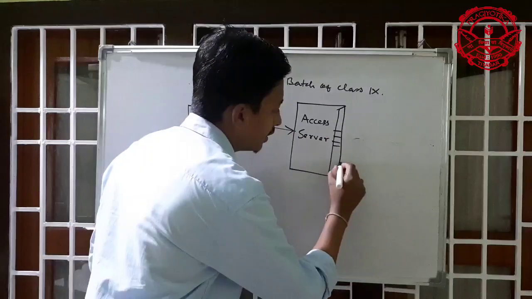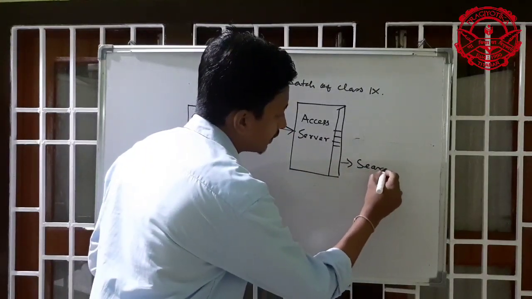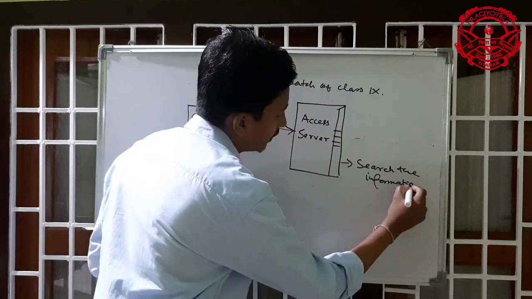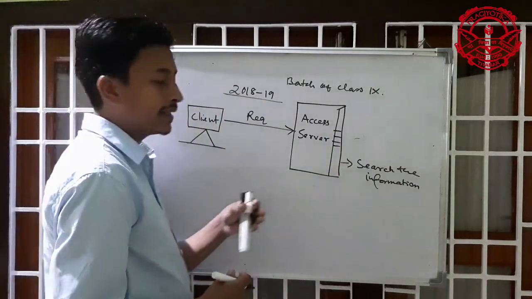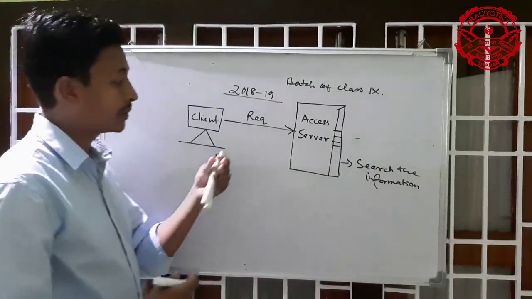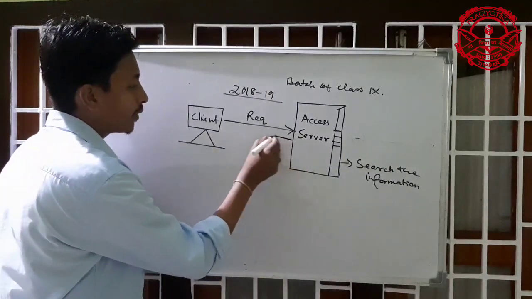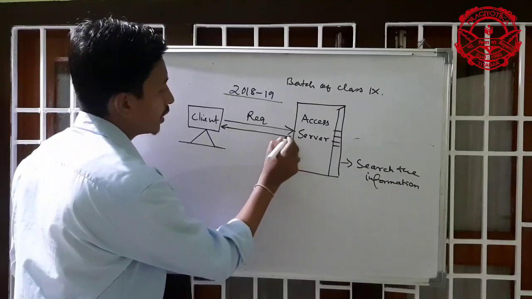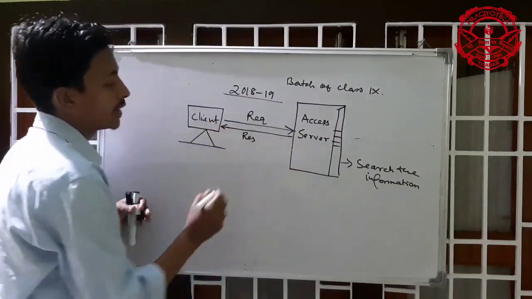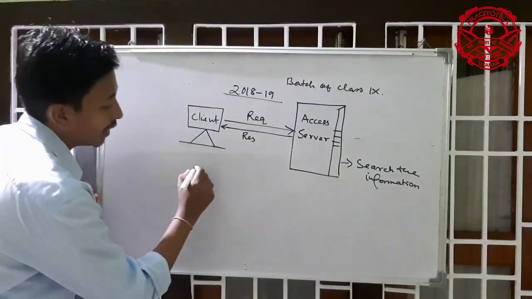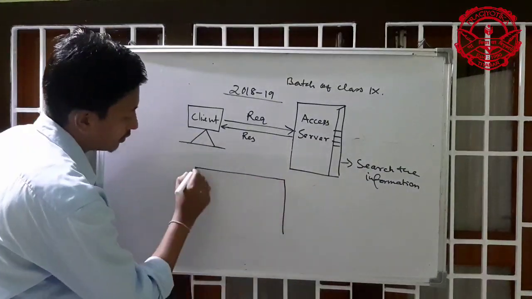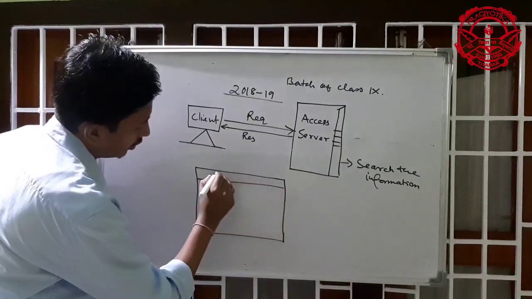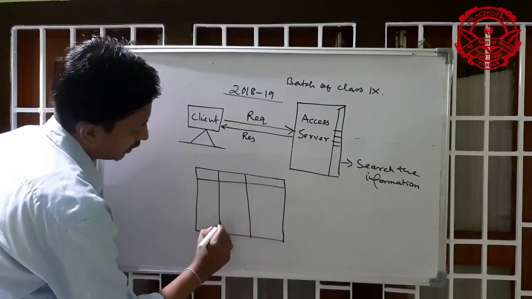The server searches the information, and after getting the search result, it gives a response to the client. Response means they will give the report. See, this is like a report.